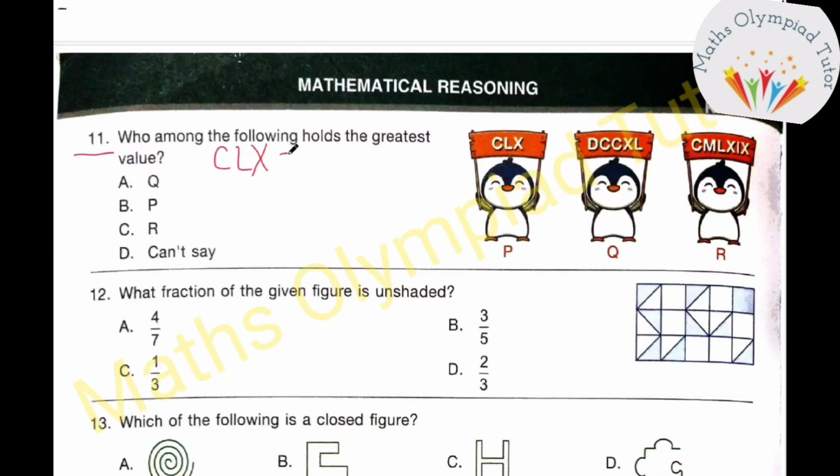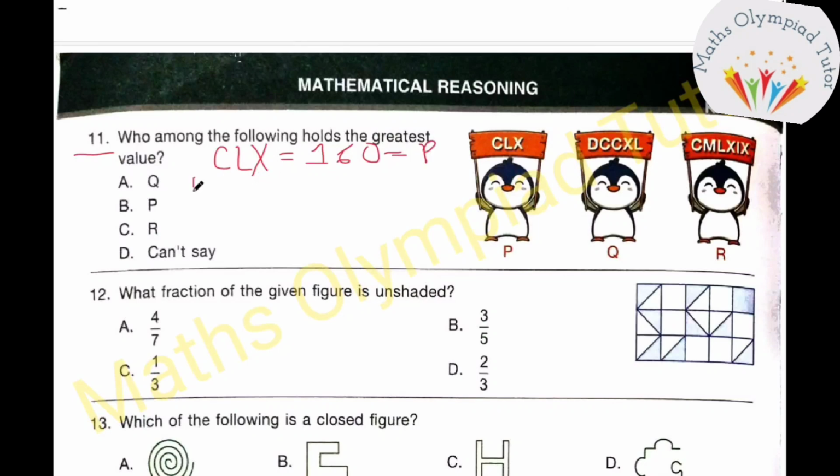C is 100, L is 50, X is 10. So the value here is 160. If the lower value follows, like here L is the lower value 50, then we add, so it is 160. So this is the value for P.